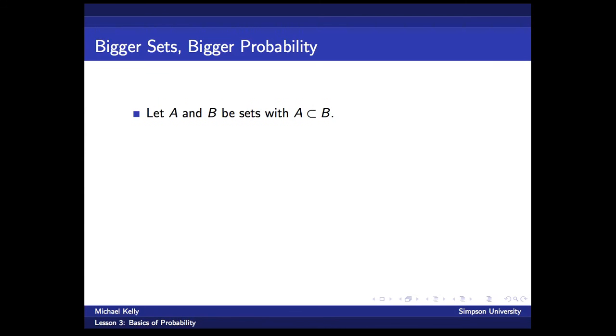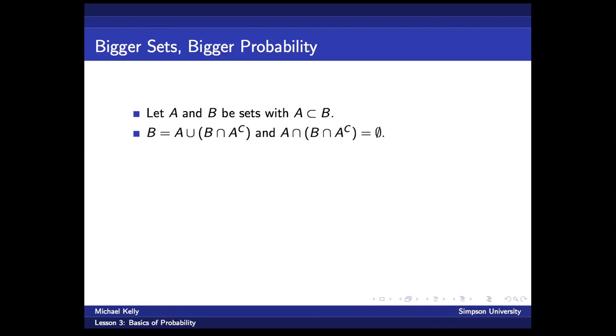Bigger sets have higher probabilities of happening. What I mean is, let A be a subset of the set B. Then we can write B as A union the elements that are in B but not in A. So A union B intersected with A complement.